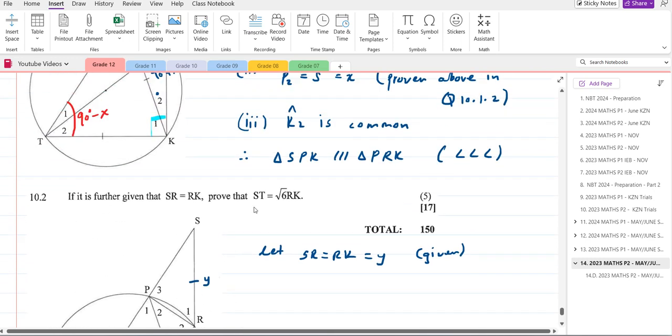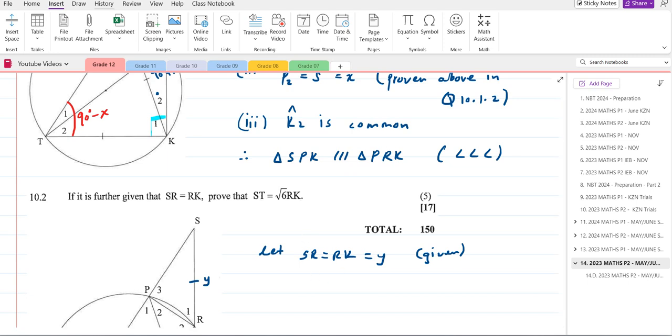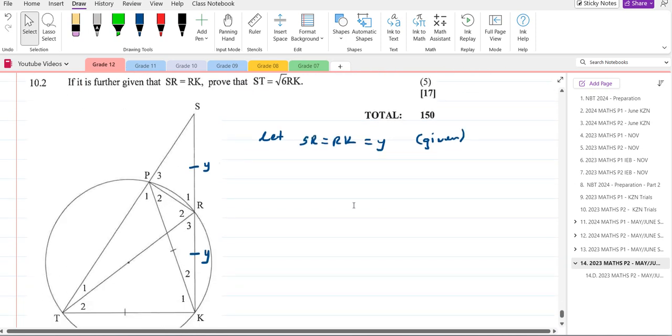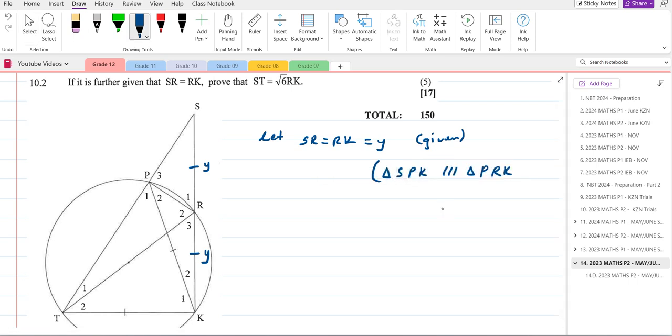Right, so we have ST and RK. Now let's look at RK here. I'm using my similar triangles. I have to use similar triangles somewhere. So this is my reason for choosing the ratio.